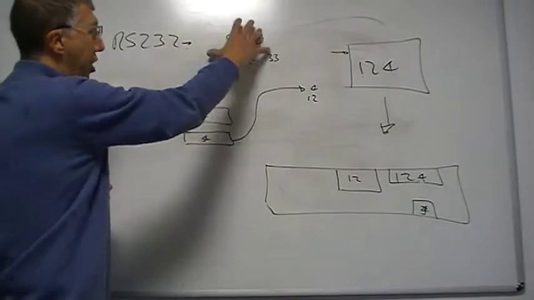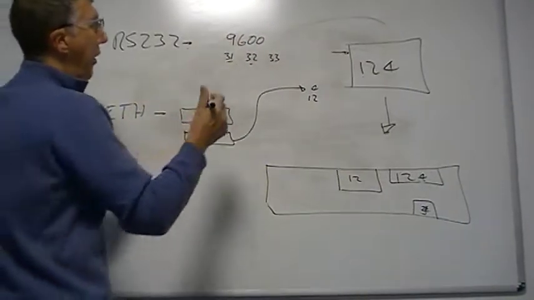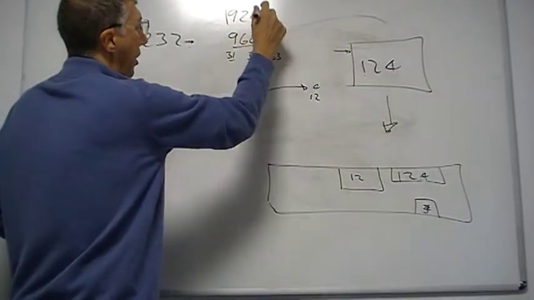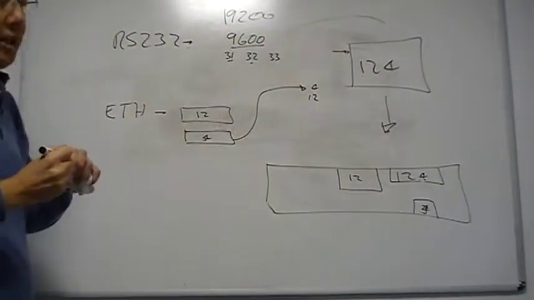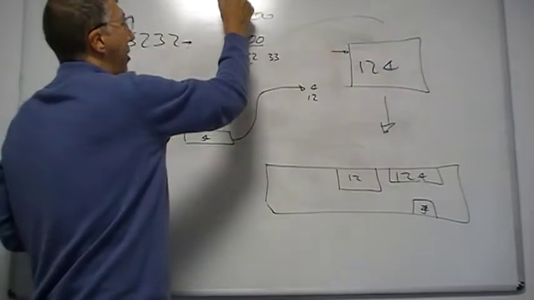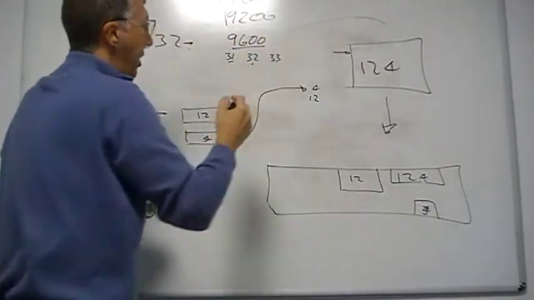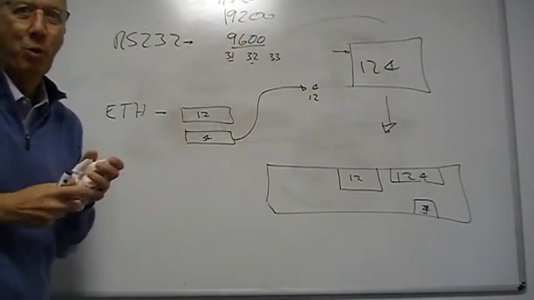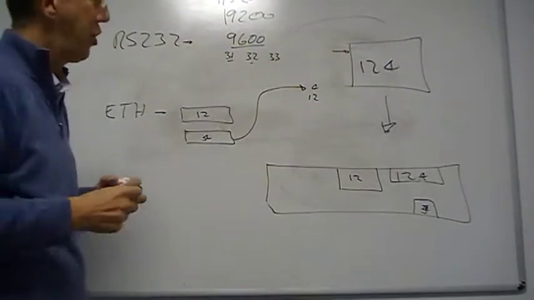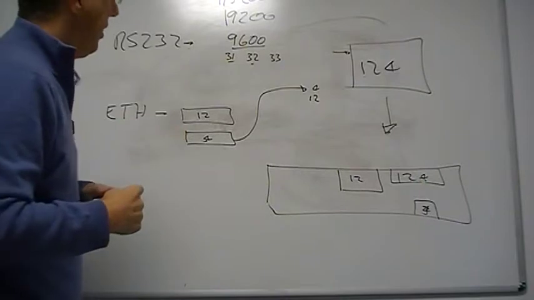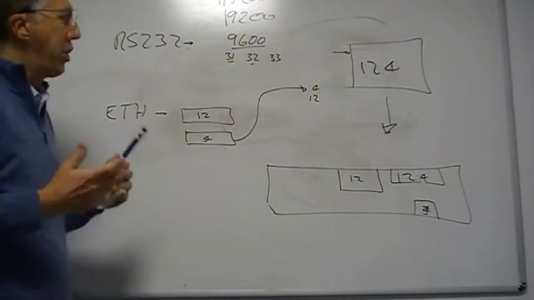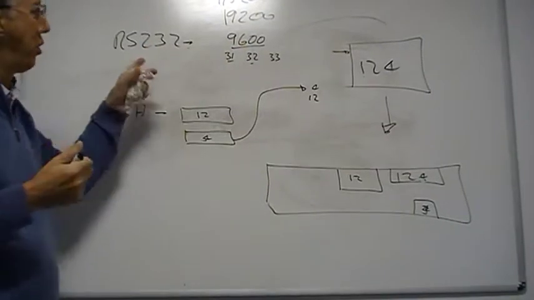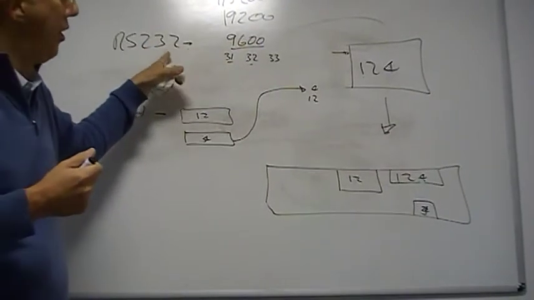So we tend to just use RS232, and we use it either at 9600 or 19200, although you can go all the way up to 115200. Of course, we know the faster we go, the shorter the length of cable we have to use, and the more we have to shield the cables. So the choices that you would have as a customer would be RS232 or Ethernet, and you generally choose RS232.